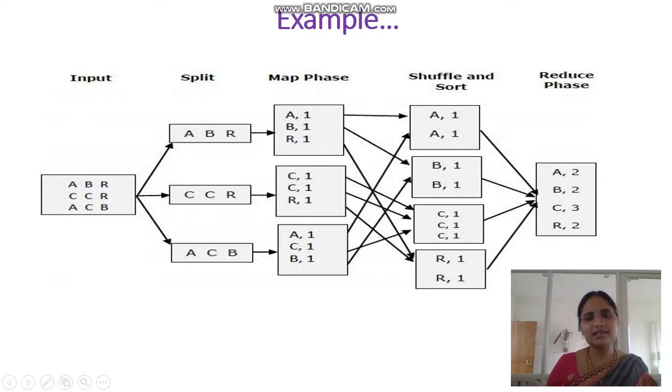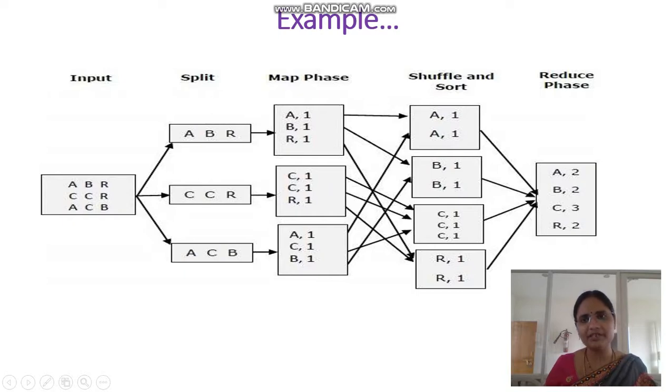Similarly B1, C1, R1. If you observe clearly, the data item C with key 1 is available thrice in the three groups. So finally, C1, C1, C1 are represented three times in the third group.